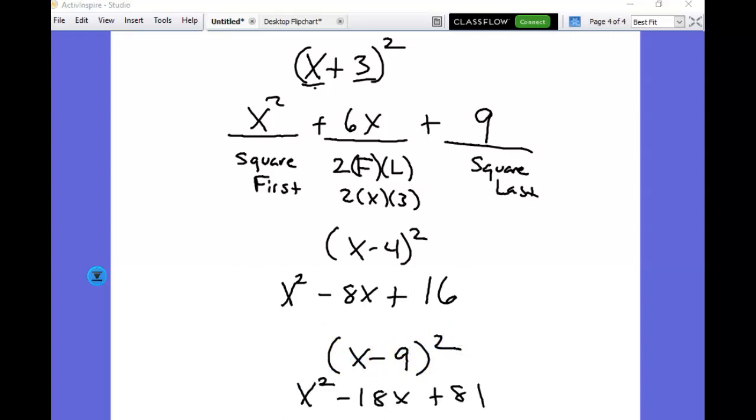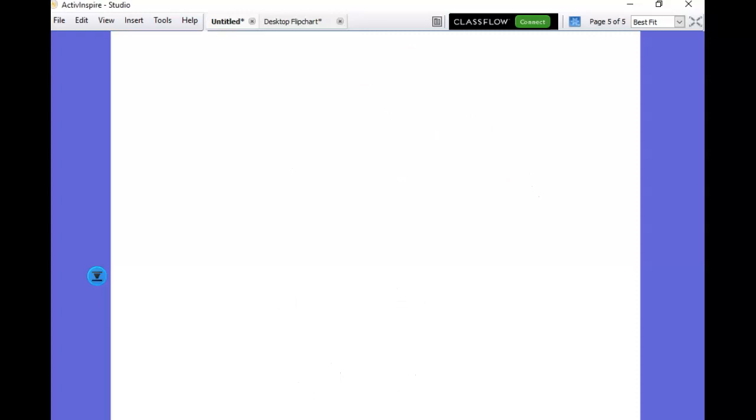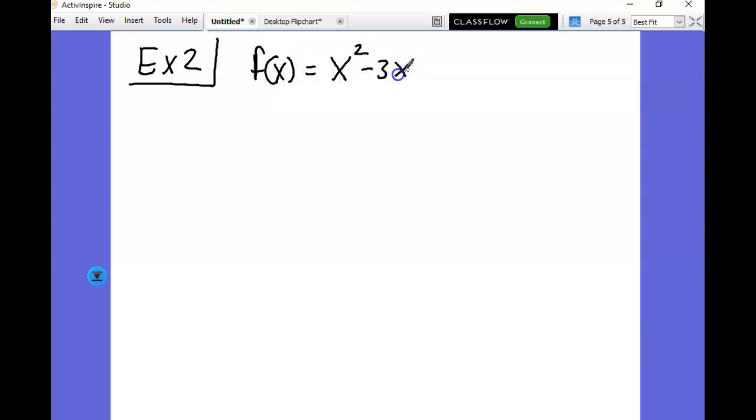Okay, so we're going to need that shortcut in a minute here. So let's go ahead and jump into an example that involves some quadratics. Example 2. Let's say I want you to use the limit definition of a derivative to find this derivative. I'm not going to write the directions again, but that's what we want to do.